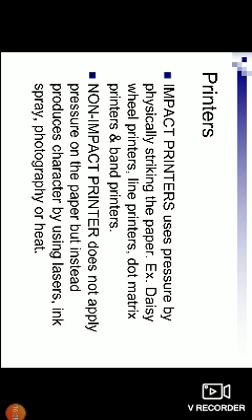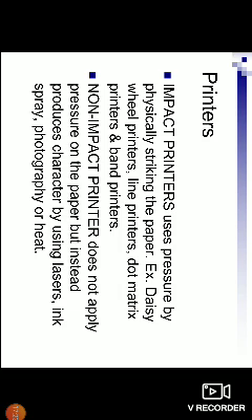Next one, printers. There are two types of printers. The first one is impact printers, the second one is non-impact printers. Impact printers use pressure by physically striking the paper. Examples are daisy wheel printers, line printers, dot matrix printers and band printers.